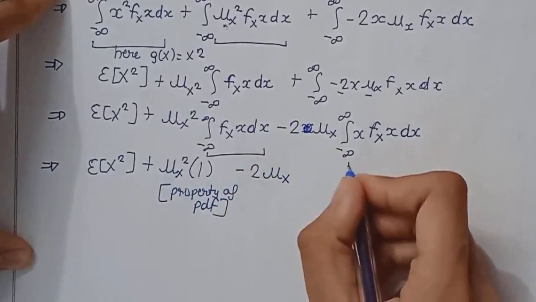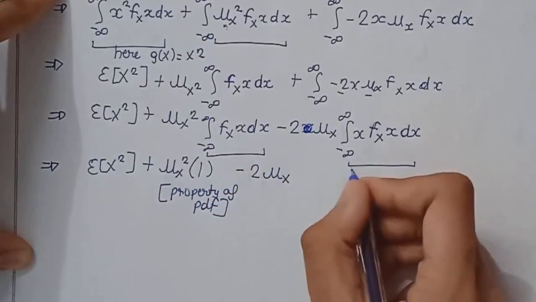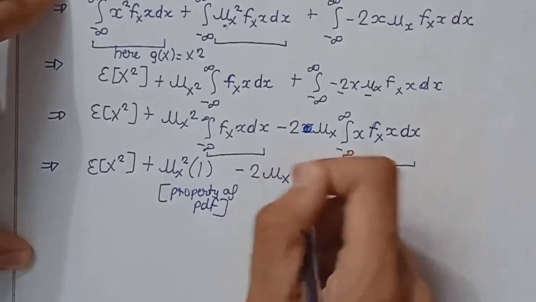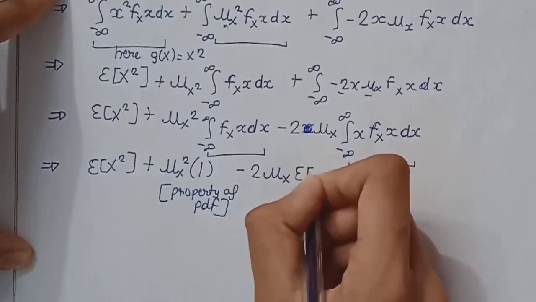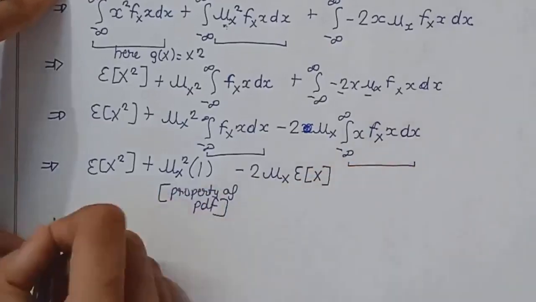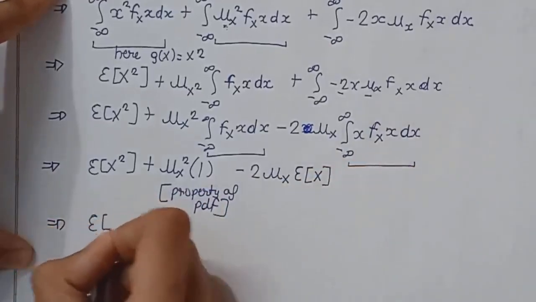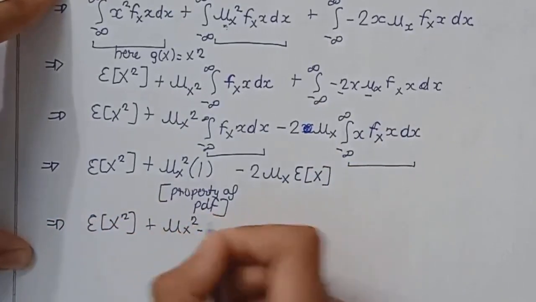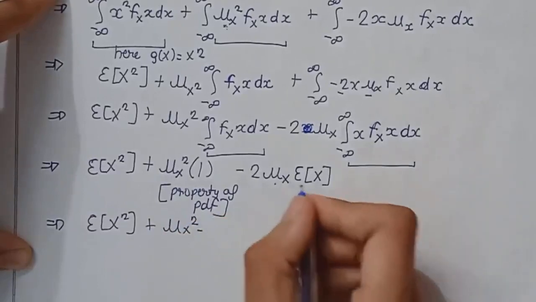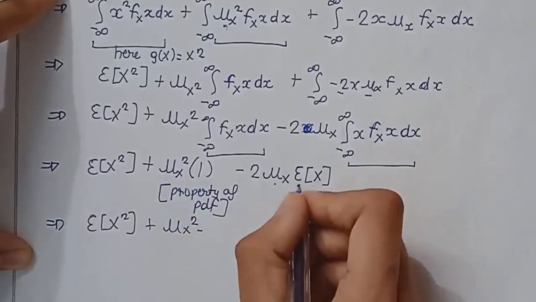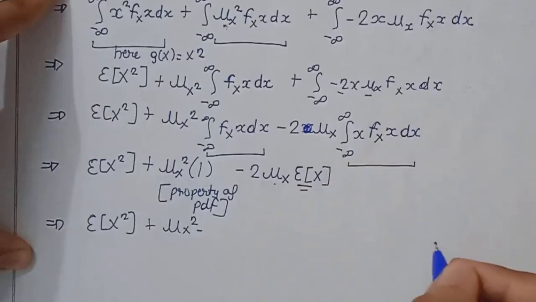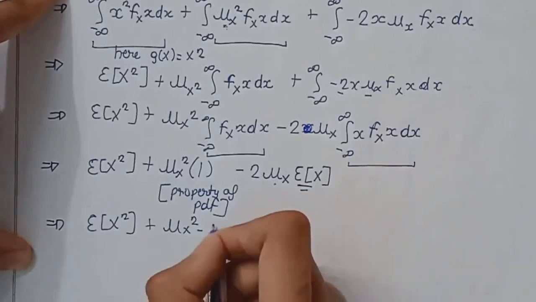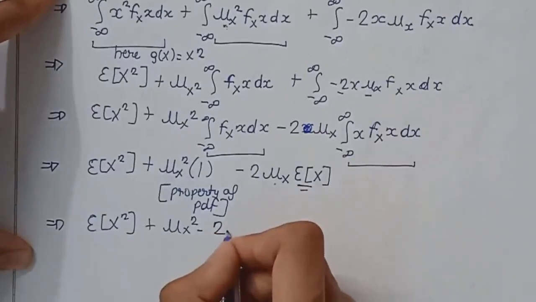Now we have just seen at the start of the session that this is the formula or the property to calculate the expectation of the random variable, so it can be simply written as the expectation of x. Now we also know that this nu x is also the expectation of x, and this E[x] is also the expectation of x. These are the two symbols which denote the expectation of x, so they can be used interchangeably.